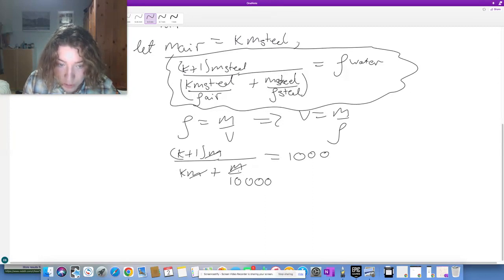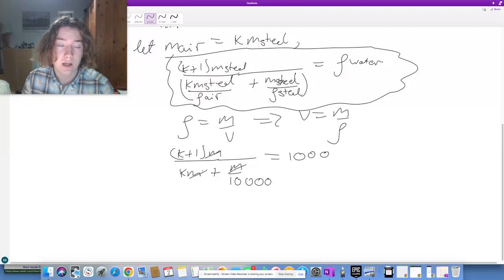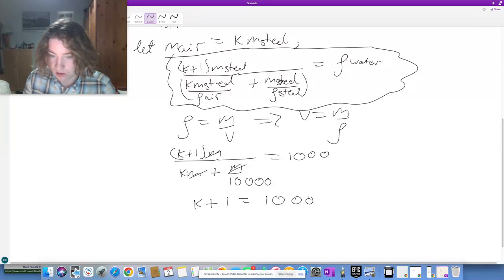So we've got one equation with one unknown, so we know that there is a valid solution that exists. Now, if we rearrange this, we get that K plus 1 equals 1,000 times K plus 1 over 10, I believe.